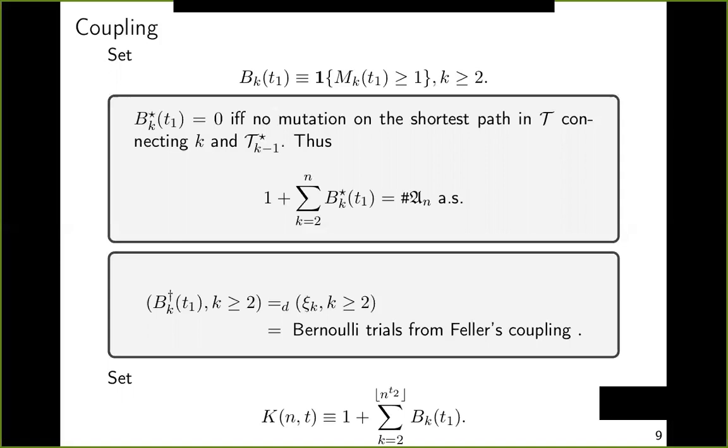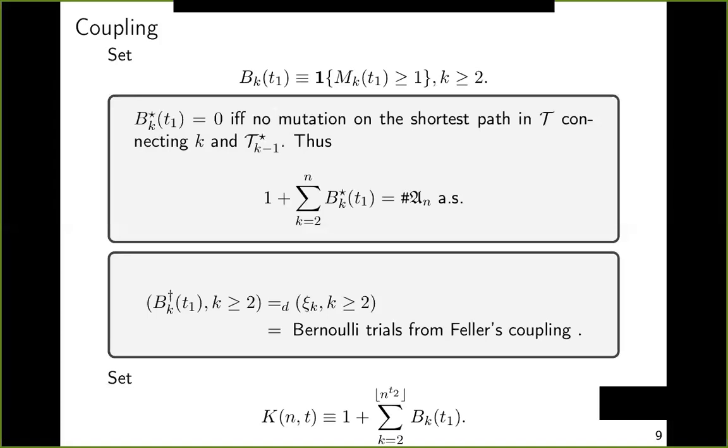So this is saying if we sum the Bk star from k equal to 2 up to n, and we add 1, then this is nothing but the number of blocks in the allelic partition restricted to n, almost surely.